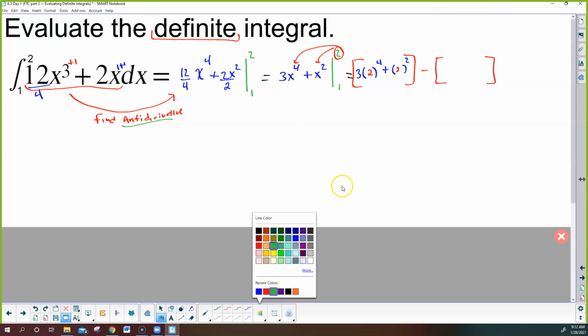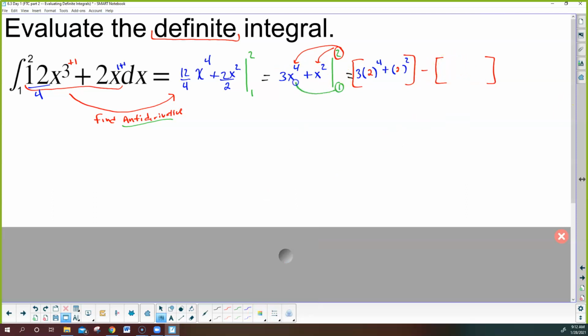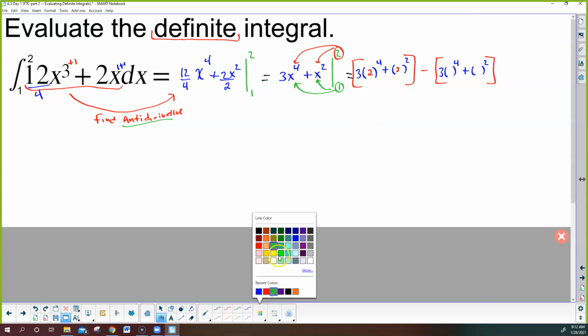So notice how I put parentheses around there? Because watch what happens. When I plug in 1, I get 2 functions. I get 3 times x to the 4th plus x squared. But we're evaluating it at 1, so I'm going to put a 1 here and here.